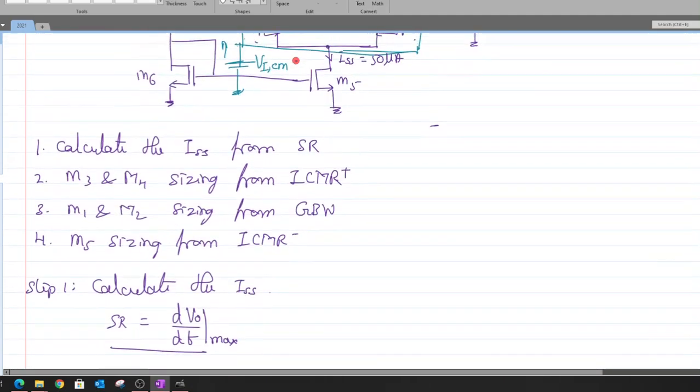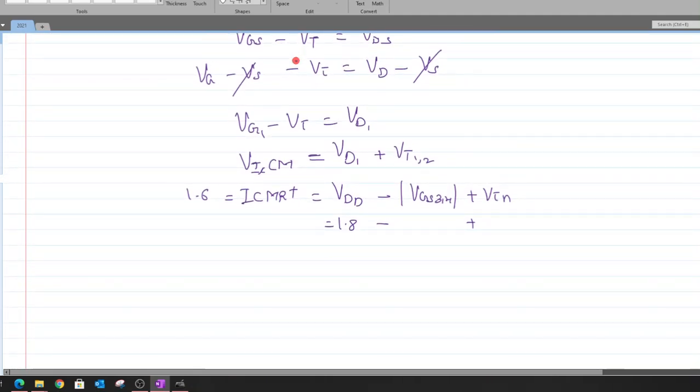I use that here, and the only unknown in this equation is VGS3,4. After substitution, we end up with VGS3,4 equal to 0.7 volt.